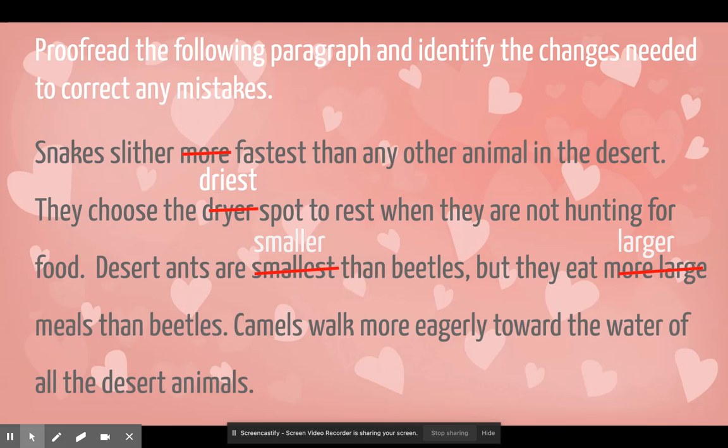Camels walk more eagerly toward the water of all the desert animals. So the verb is walk. And the camels, we have to ask ourselves, how do they walk? This one, you should have said most eagerly, because how they walk is being compared to all the desert animals, so more than one.